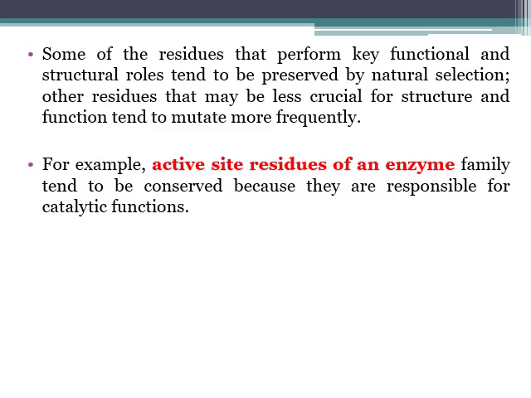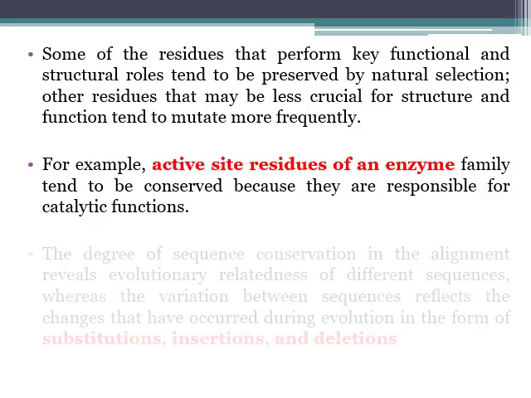But the residues which are not taking part in the conversion of substrate into product, meaning residues which are not part of the active site, may mutate more frequently because they are not involved in the function of that molecule.